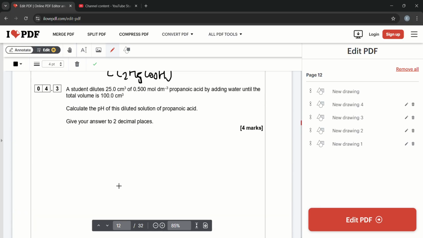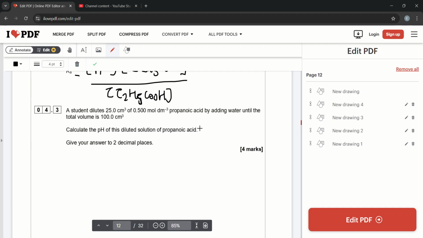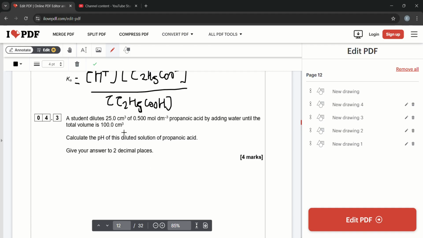It's 4.3. We shouldn't dilute that much of propanoic acid. The total volume is given. Calculate pH.